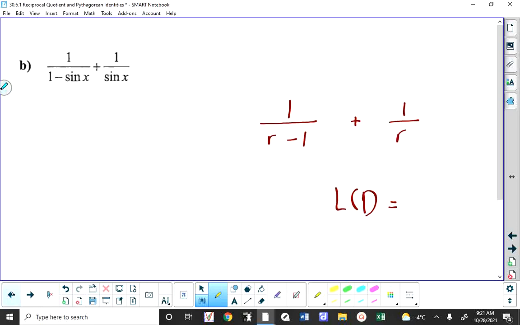When you take a look at this, r minus 1 is the only factor. It's not r and 1 as factors because it's not r times 1, it's r minus 1. There's nothing you can do to factor that. And the same goes with this. There's a single factor. So how are we going to represent r minus 1 in the common denominator? We're just going to put an r minus 1. How are we going to represent r for the second one?